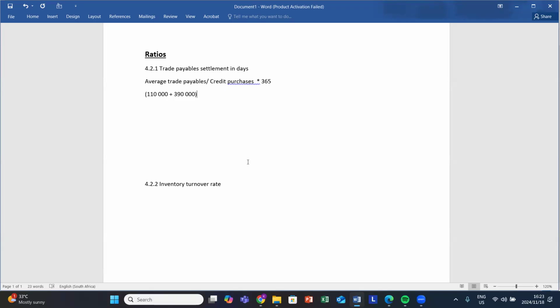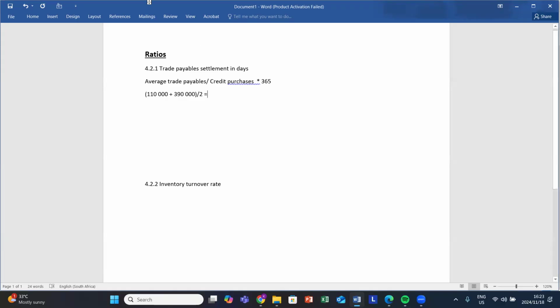Remember that I said you can do it in two methods: you can either divide by 2 or multiply by half. So let's divide by 2 so that we get our average trade payables.